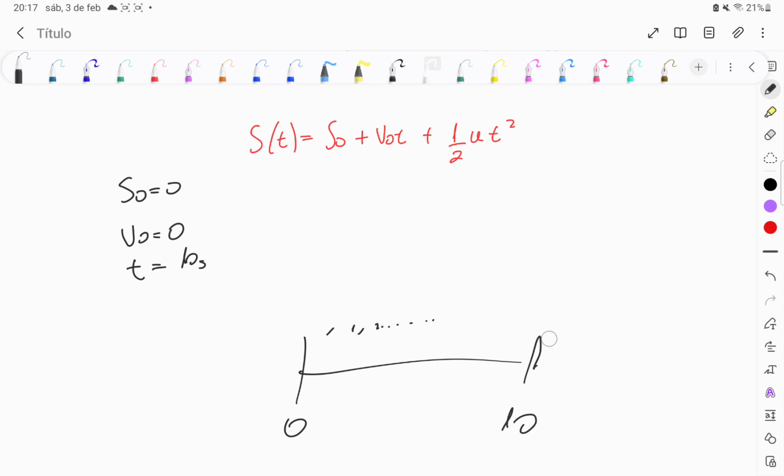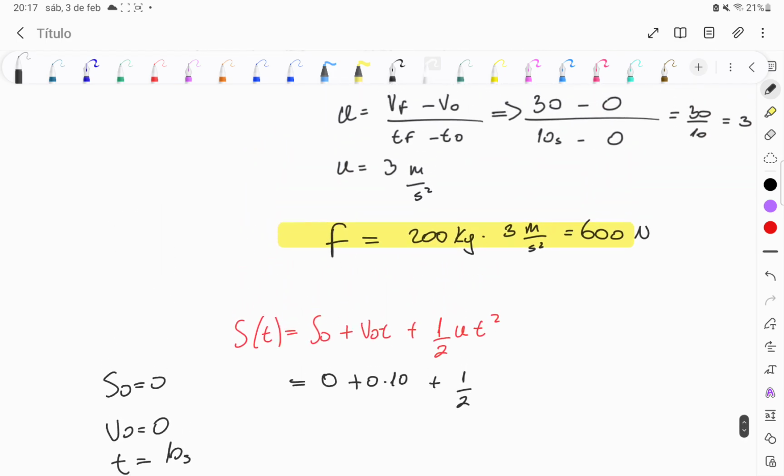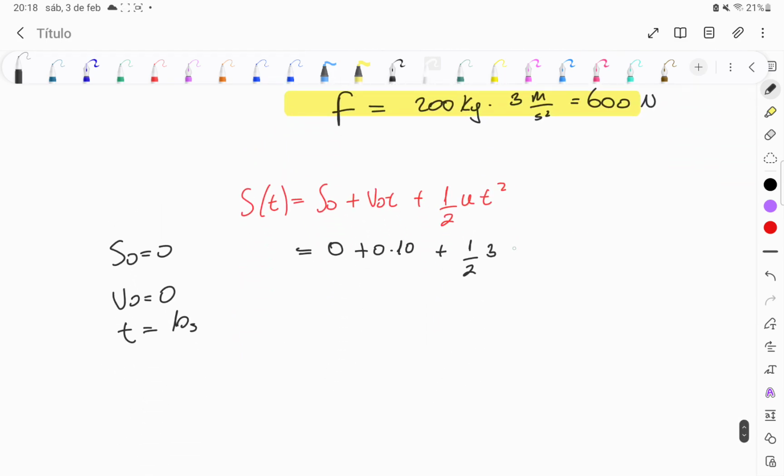So replacing, we have 0 plus 0 times 10, plus 1 diviso 2. The acceleration, how much is it? We just calculated 3, times 10 alla seconda.